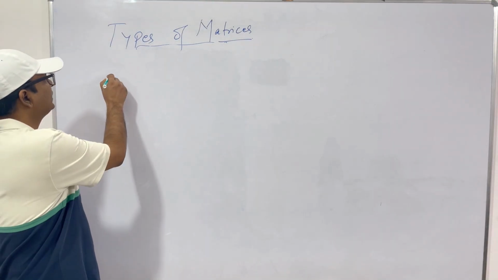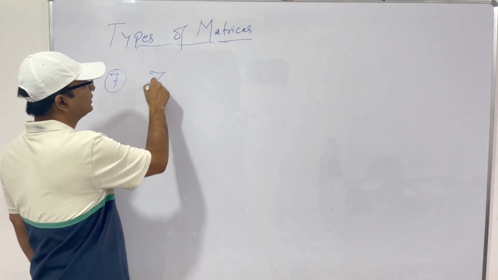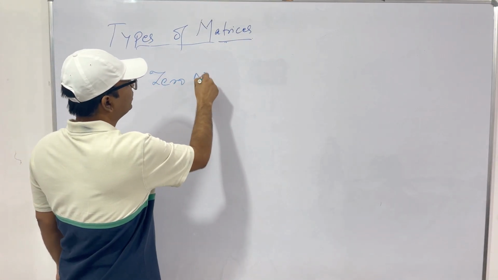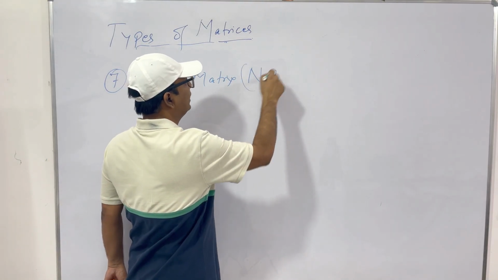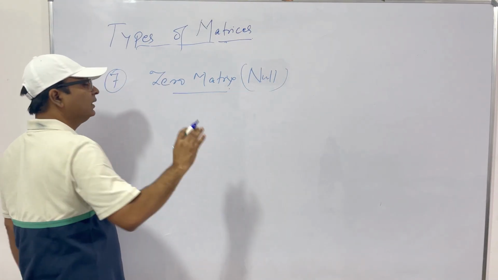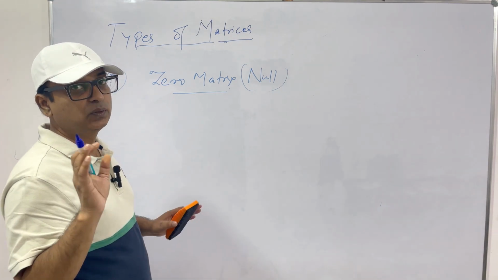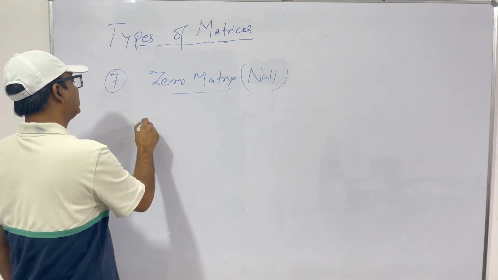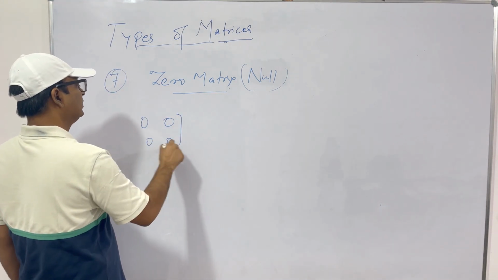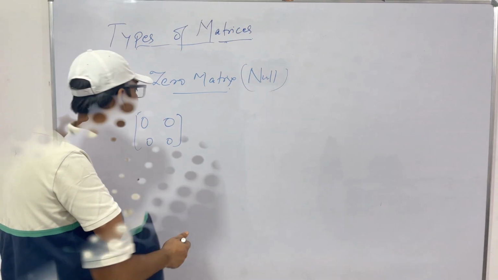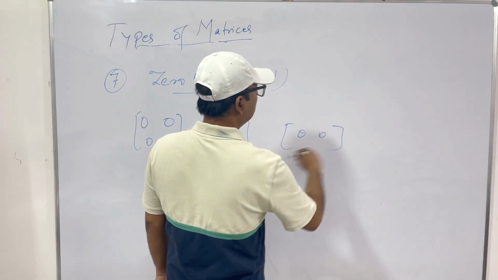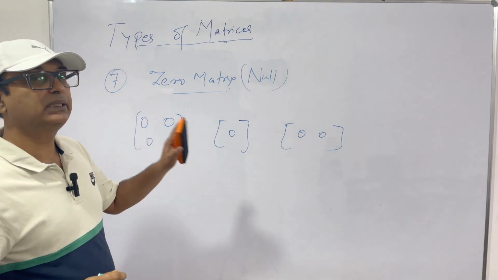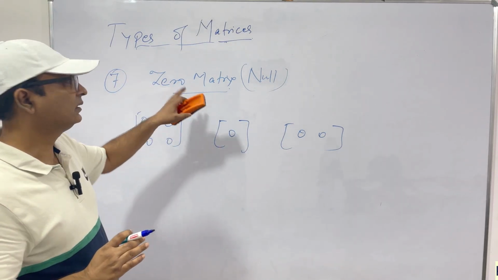Now the seventh type is called the zero matrix, or it is also called the null matrix. If all the elements are 0, that is a zero matrix. For example, 0, 0, 0, 0. It is a zero matrix. Clear? Or a single 0 or 2 zeros. So whatever it be, if all the elements are 0, that is a zero matrix.